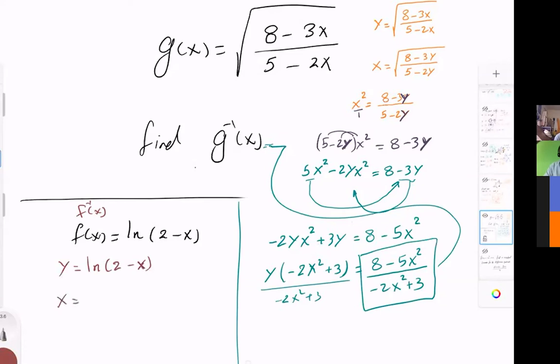Then x equals ln of 2 minus y. Now, how do I solve for y? Raise both sides to the power of e, or e to the. Sorry. Yeah, we're going to use the exponent rule.